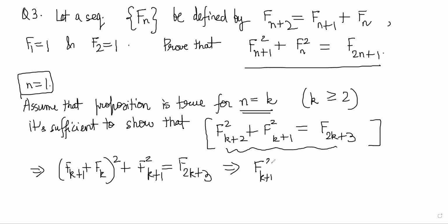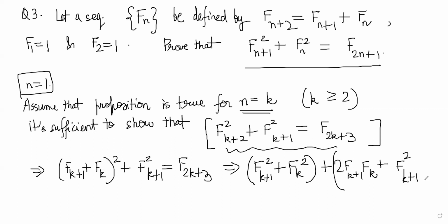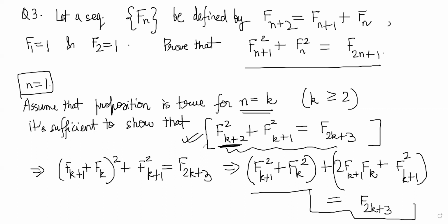F of k plus 1 square plus f of k square, group them together, plus 2 f of k plus 1 into f of k plus f squared k plus 1, group them together, is equal to f of 2k plus 3. We need to prove this, right? I have done nothing. I have just simplified what we need to prove using the idea that f of k plus 2 is equal to f of k plus 1 plus f of k. So this is what we need to prove.